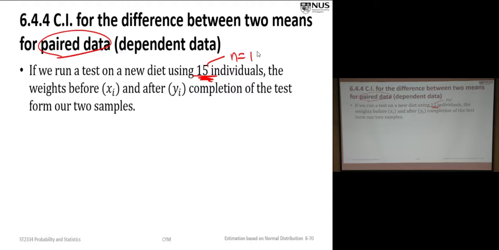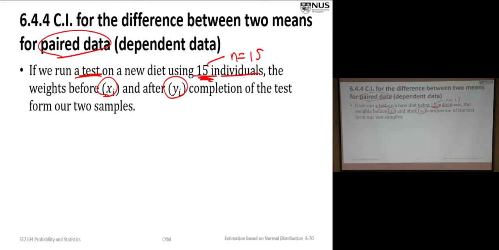So N is 15, and for each individual we have two observations. One is the weight before the completion of the test, and the other one is after, a test on the new diet.